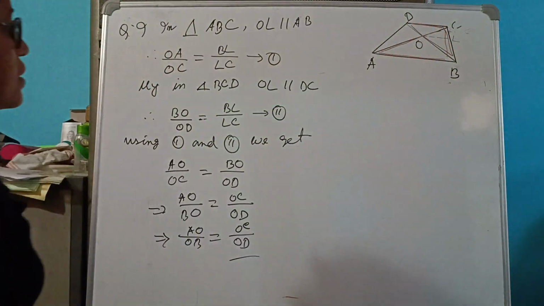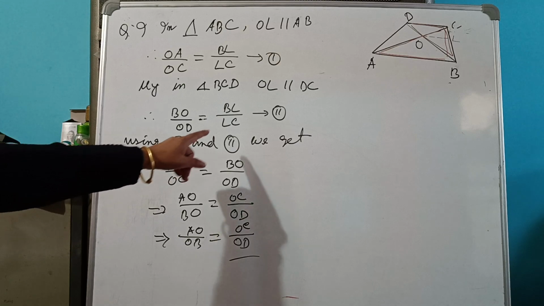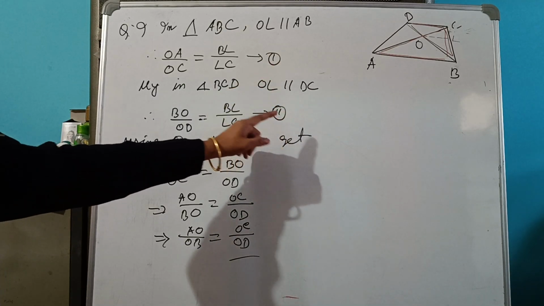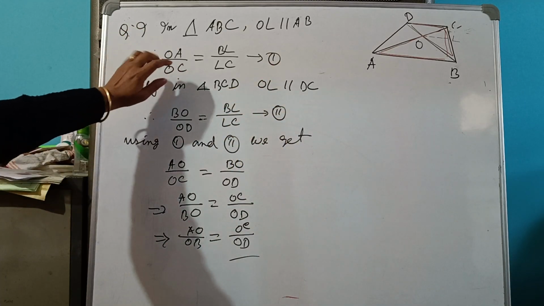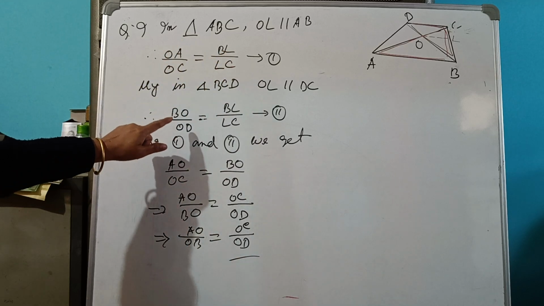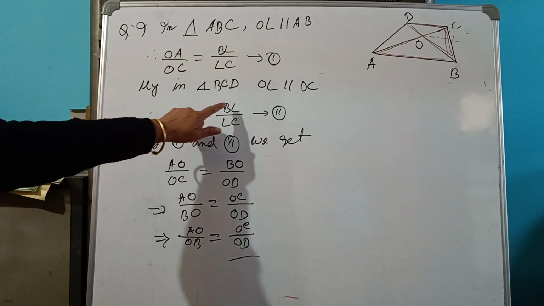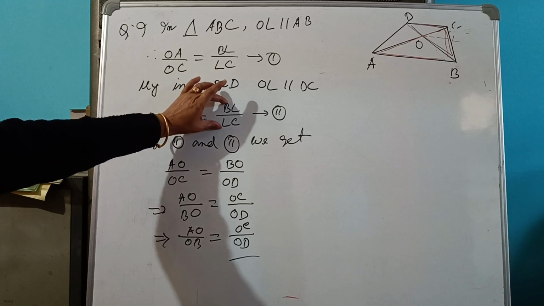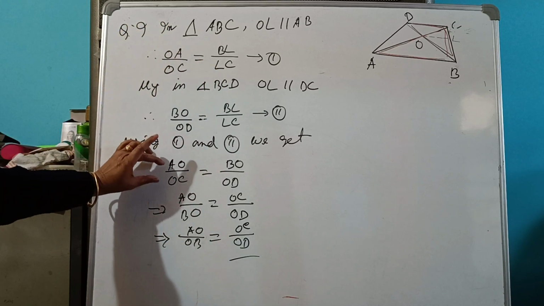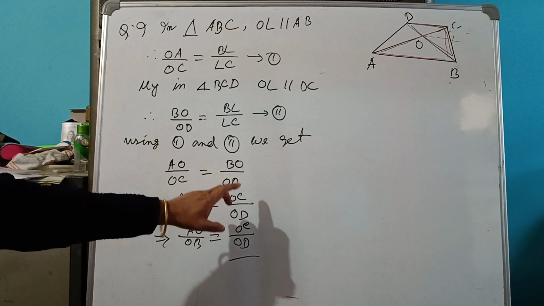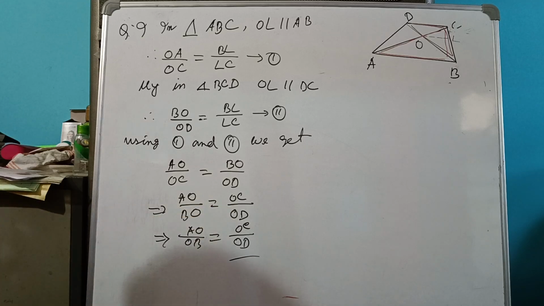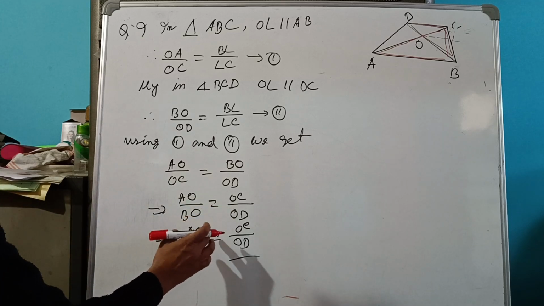Understand? Now see here, using 1 and 2, what do we get? OA by OC is equal to BL by LC, which equals BO by OD is equal to BL by LC. This part is equal. So OA by OC is equal to BO by OD. But the question asks you to write AO by OB.